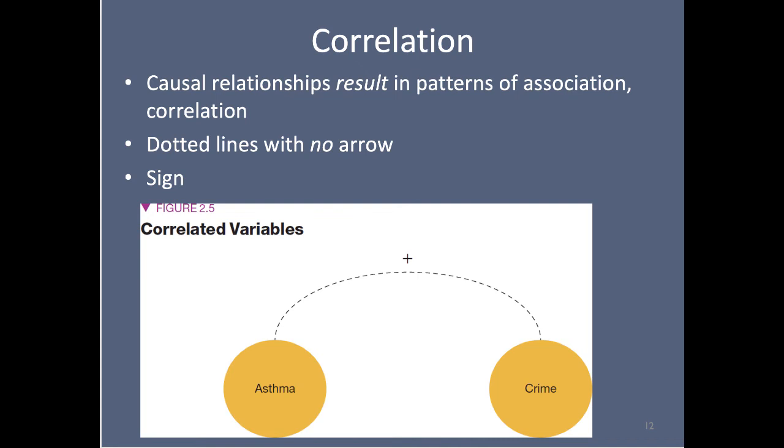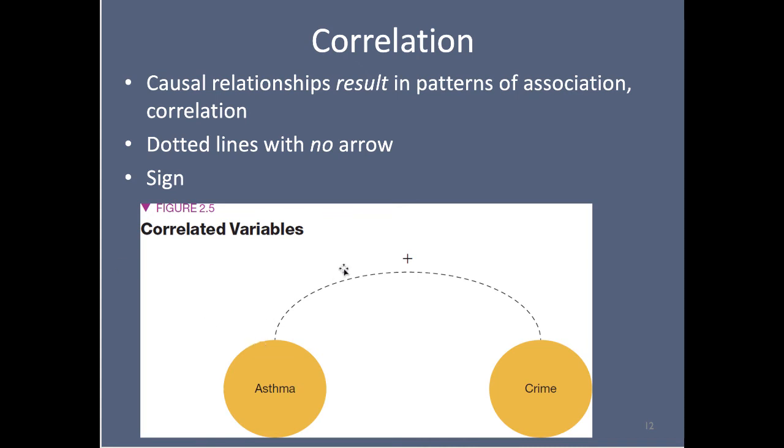It's not a causal relationship. It's not telling us that asthma causes crime or crime causes asthma, or that some other factor or set of factors is driving both asthma and crime. It's just a correlation. That's important. It's extremely important evidence. But you don't want to confuse it with a causal one.